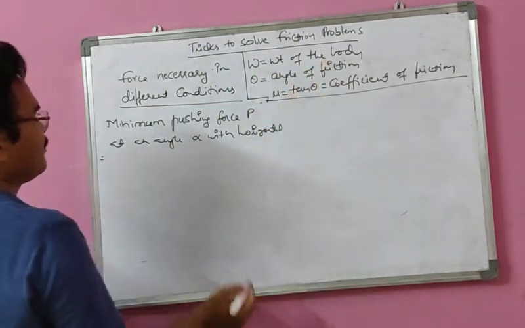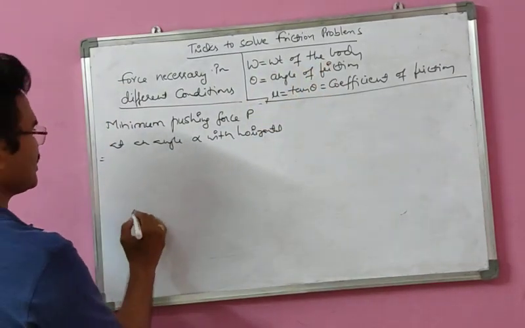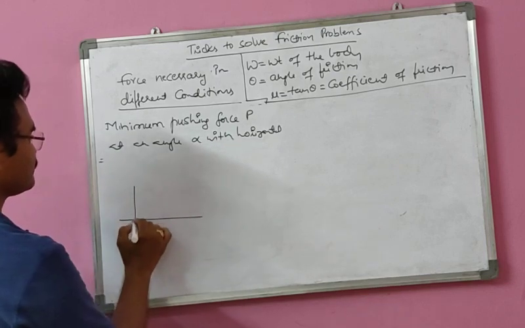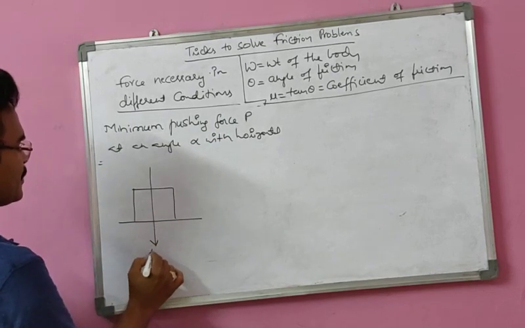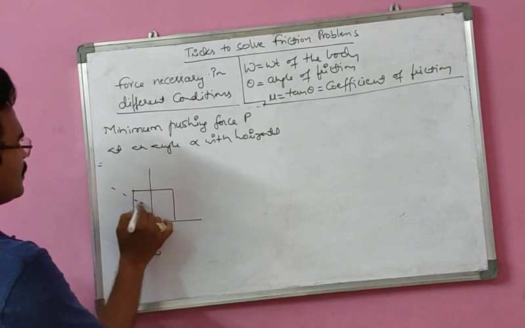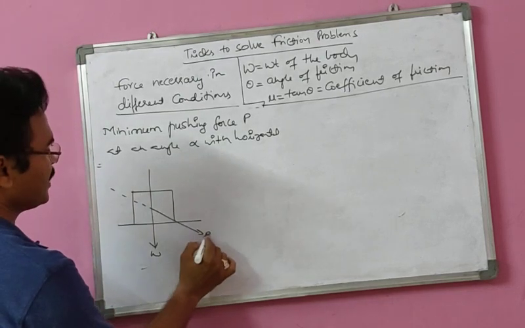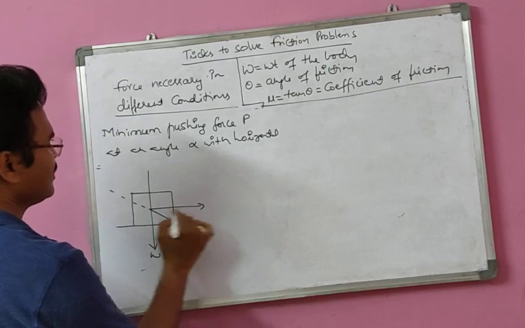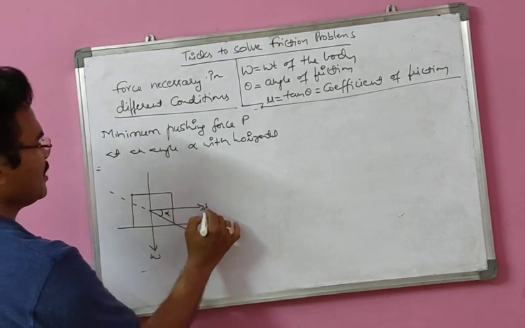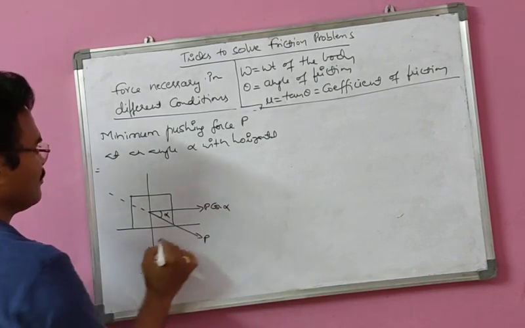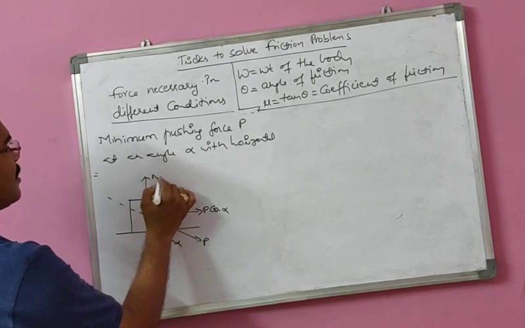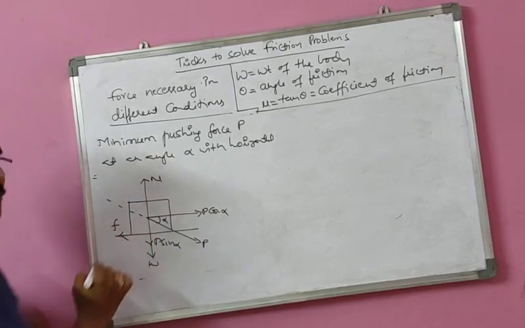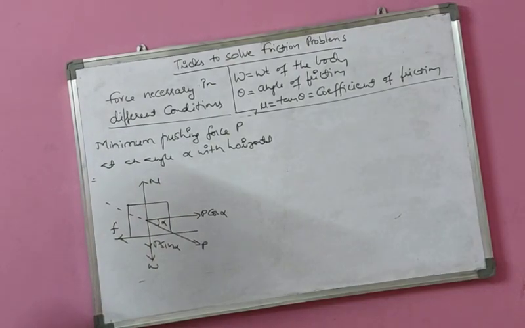The assumptions are the same, and here the situation is like this. This is a block of weight W, with a force P applied like this, making an angle alpha with the horizontal. This becomes P cos alpha, and this becomes P sin alpha. This is the normal, and this is the frictional force acting here.